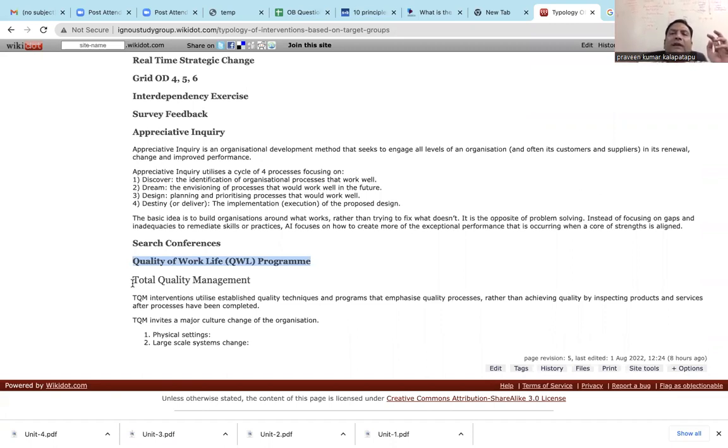So now we are going into the next section on total quality management. This is also something that we learned a lot about even in OB and in bits and pieces in OD. This is mainly quality focused, and it talks about continuous quality improvement. There are multiple techniques that you actually use.